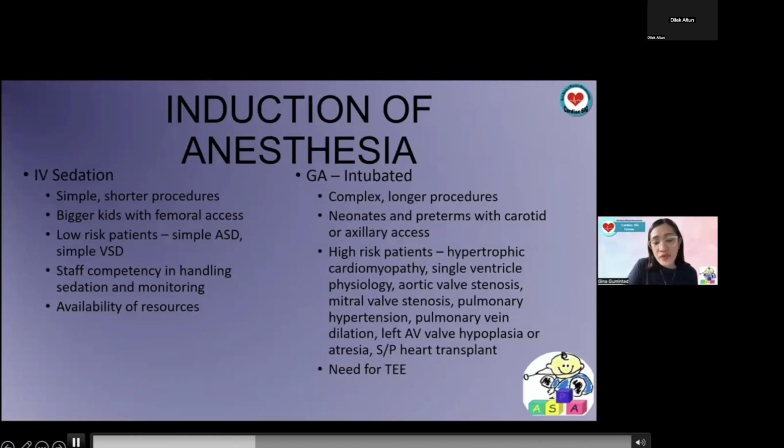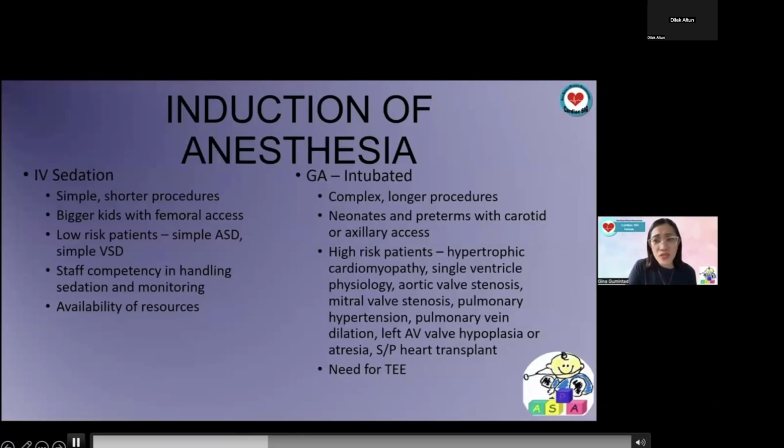On the other hand, we consider intubating the patients in the more complex and longer procedures, especially the neonates and preterms with carotid or sometimes axillary access, and high-risk patients, which includes those with hypertrophic cardiomyopathy, single ventricle physiology, aortic valve stenosis, mitral valve stenosis, pulmonary hypertension, pulmonary vein dilation, left AV valve hypoplasia, or post-heart transplant patients.